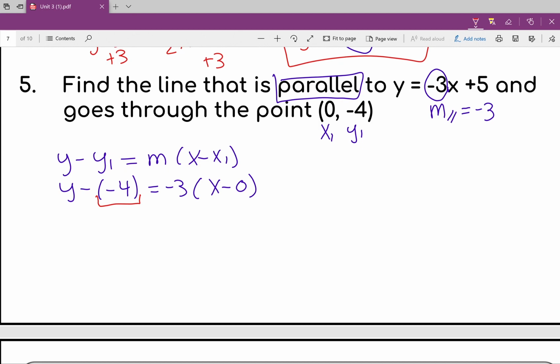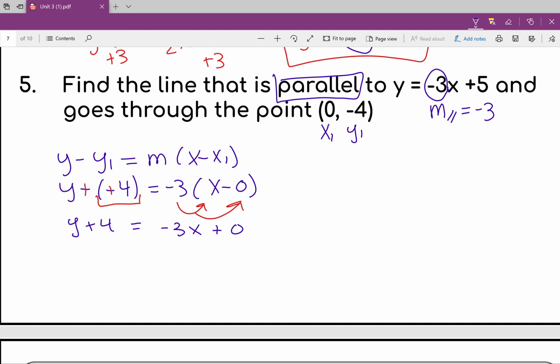The reason why we put it in parentheses is so we don't confuse it with the minus sign. If we have minus a negative, that turns into plus a positive, and then we can just start to distribute our negative 3. So we have y plus 4 is equal to negative 3x minus 0, or actually plus 0 because a negative times a negative. We don't really need that 0 there, but I'm just going to keep it there as a placeholder.